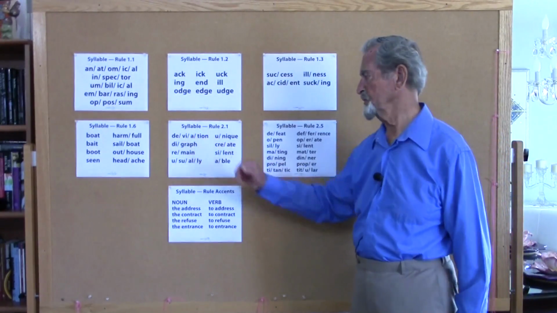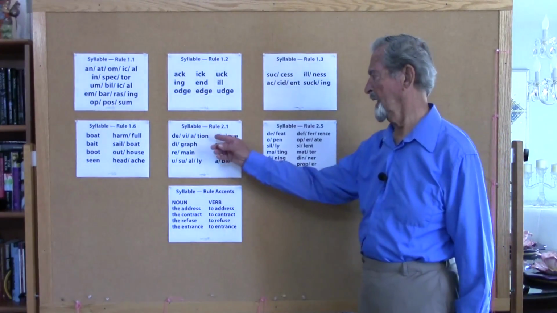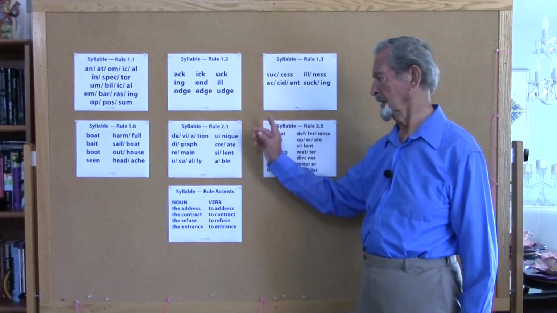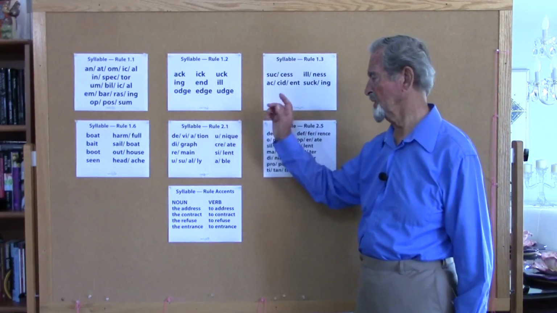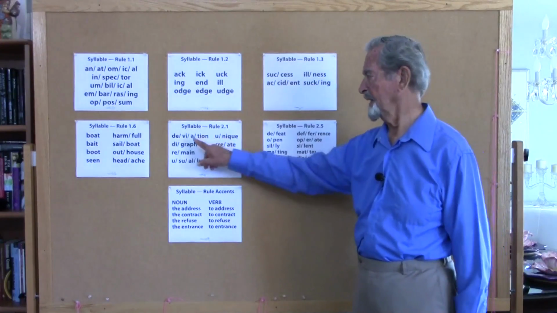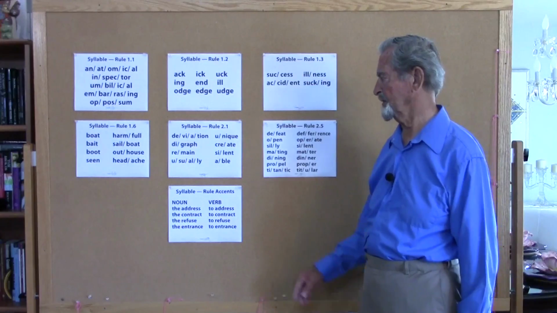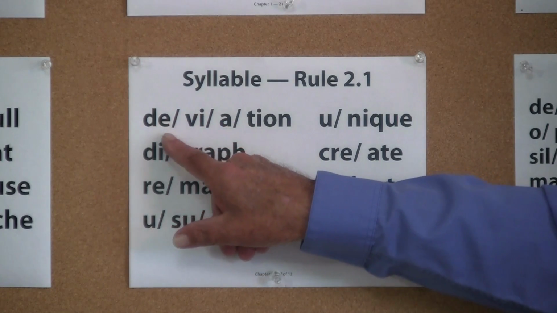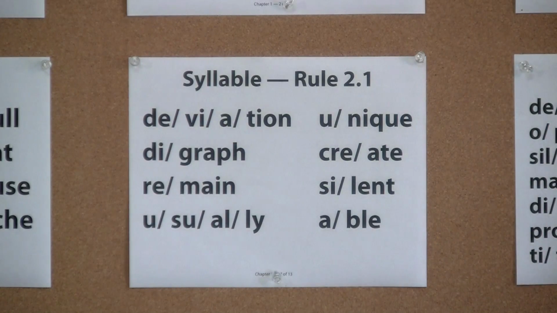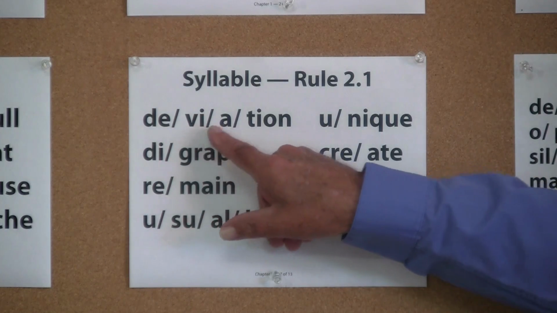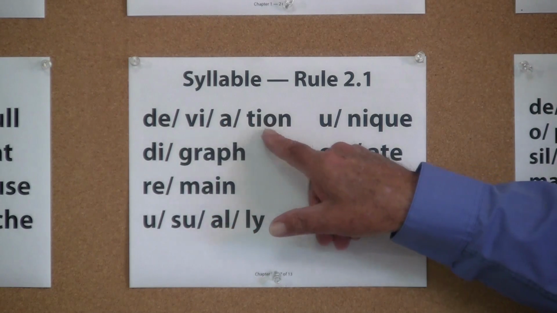Other long sounds we'll get from open syllables. Open syllables, the vowel is not followed by a consonant. Let's take the first word, deviation. D, V, A, shun.